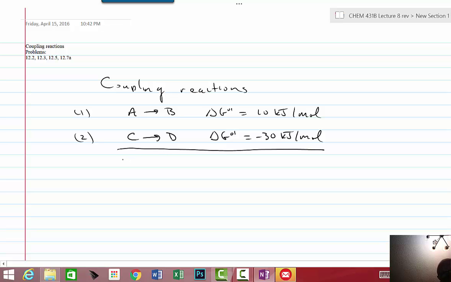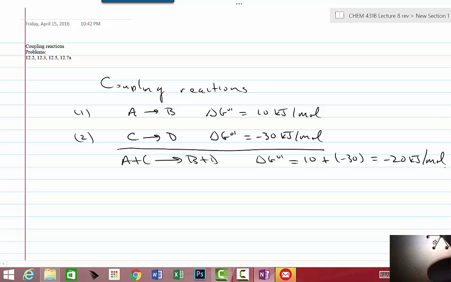And so we can just say A plus C will go to B plus D, and the delta G under standard conditions is going to be equal to 10 plus minus 30, which is going to give us minus 20 kilojoules per mole. Okay, so that's fairly basic stuff.